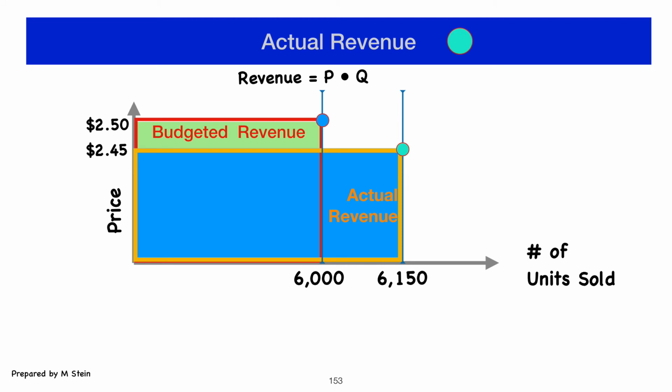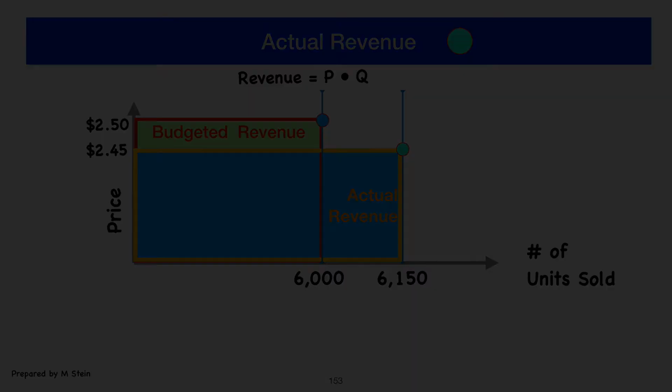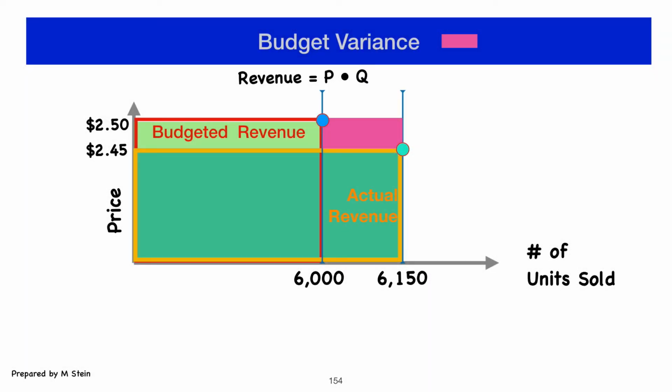The darker blue dot represents the coordinates, price and quantity, for the budgeted revenue, and the lighter blue dot represents the coordinates, price and quantity, for the actual revenue. The total budget variance is the actual revenue minus the budgeted revenue, and that is shown by the red square on the graph.